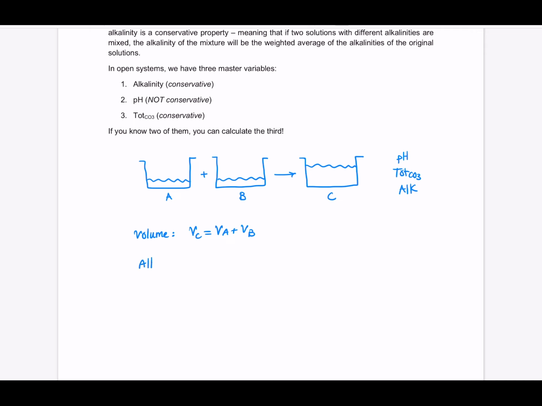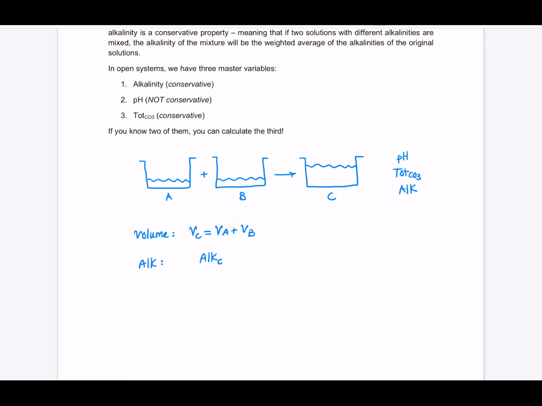So what about the alkalinity then? What is the alkalinity of C? Yeah, the volume is a combination of the two.